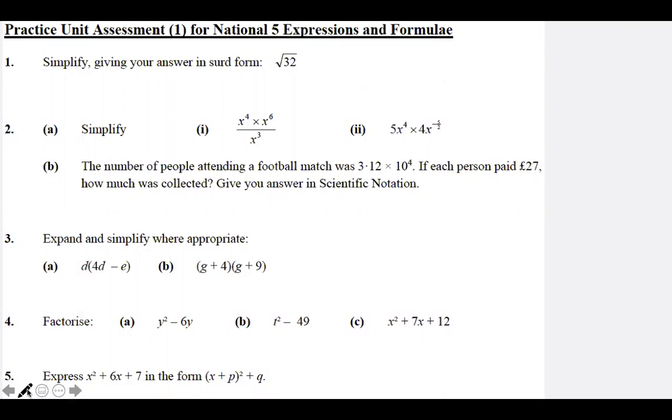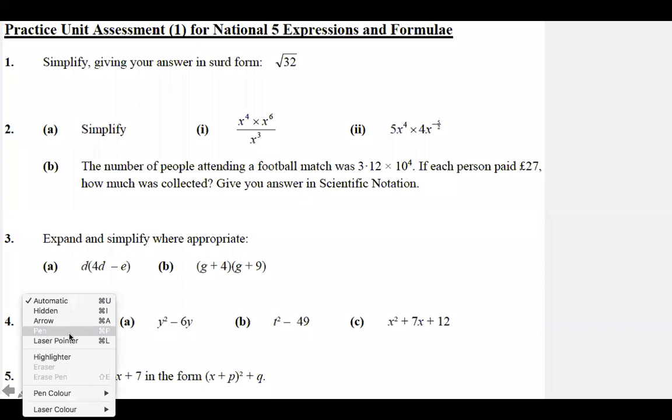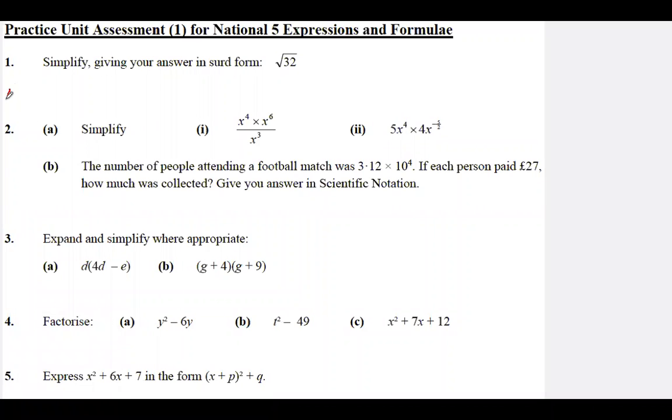Apart from 1 squared, I would write 4, the next one 3 times 3, 9, then 4 times 4, 16, and the next one 25. You can go up to 36 if you want.